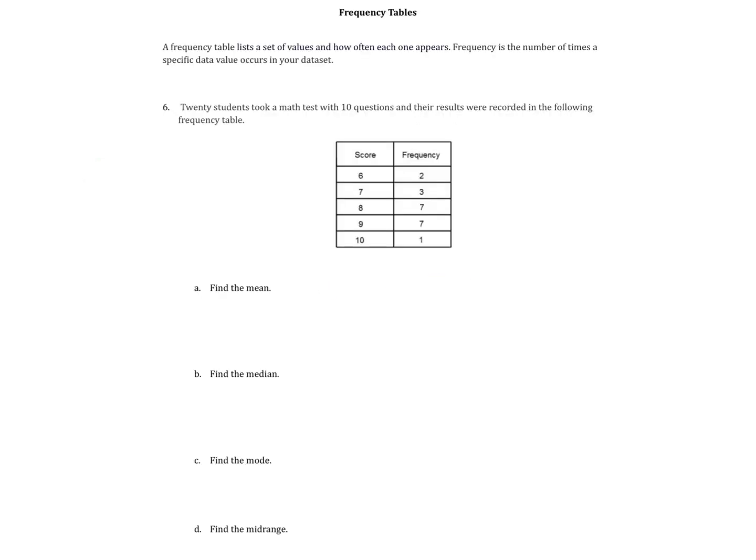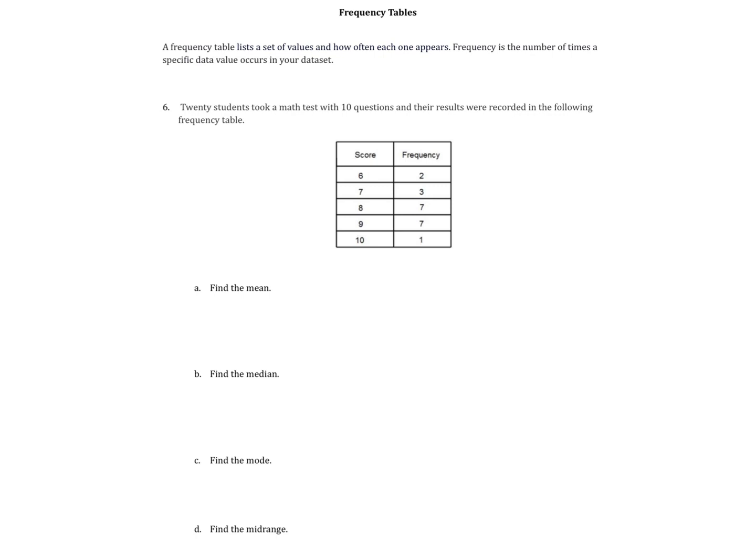We're going to look at one more example using a frequency table. A frequency table lists a set of values and how often each one appears. The frequency is the number of times a specific data value occurs in your data set. In this example, 20 students took a math test with 10 questions, and their results were recorded in the following table.